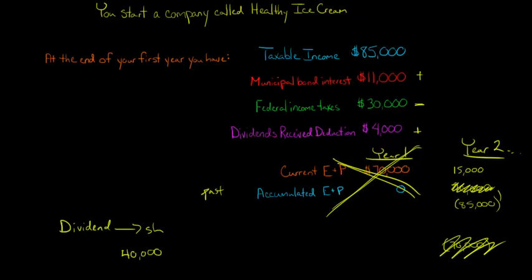So even though we've got all this accumulated E&P in losses, we'd first say, okay, this 40,000, 15 of it is going to be a dividend, and that brings the current E&P to 0. And then we have 25,000 left, and we look then to the accumulated E&P, which is a loss. It's actually negative, and so then we really just have a $15,000 dividend. As for the extra $25,000 and what would happen to that, we'll talk about that in the videos to come.